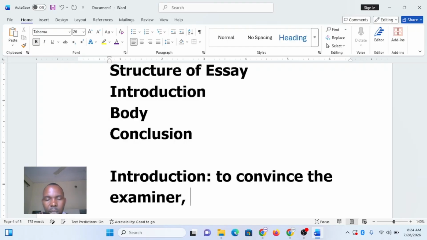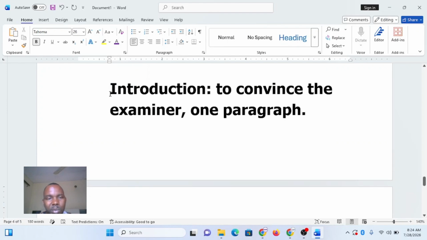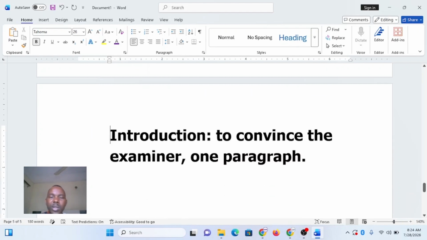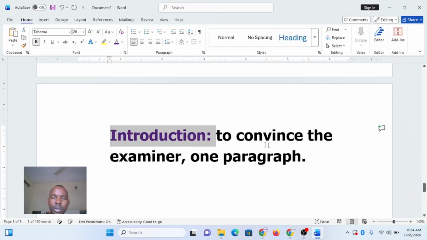And it will be in one paragraph. Please don't forget all these simple instructions, because people fail the writing task not for big reasons, but some of these small reasons. So the introduction is one paragraph. Do not put your introduction into two paragraphs. It is one paragraph. All right.